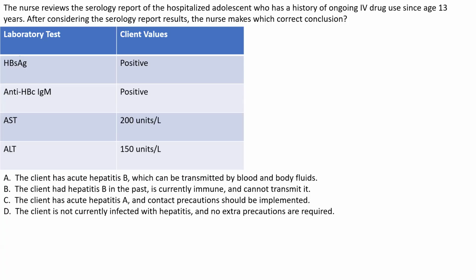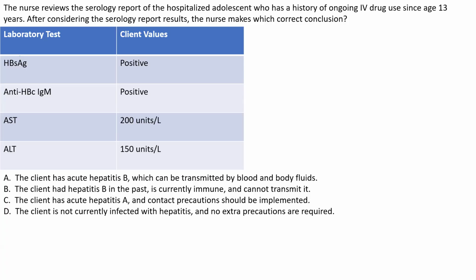Yes, so the Hep B surface antigen is supposed to be negative. Now the anti-Hep B immunoglobulin, the hepatitis B immunoglobulin type M, is supposed to be negative.